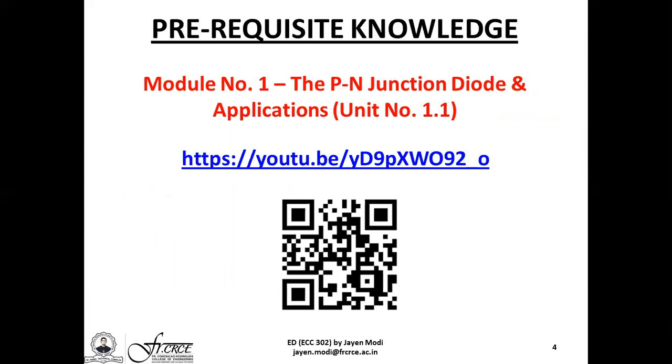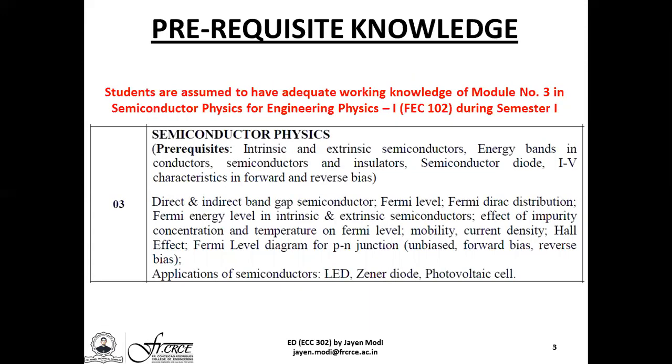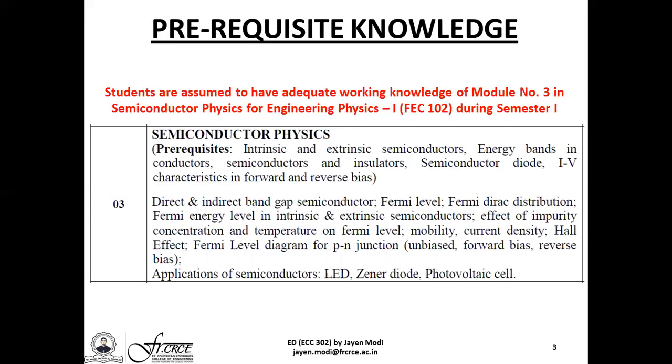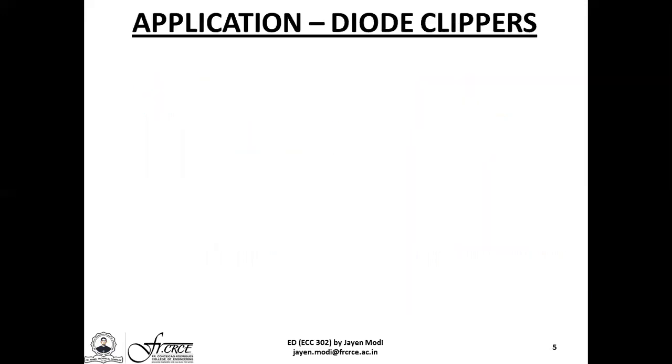Here, the YouTube link is given and also the QR code. For those of you who have a QR code application on your smartphone, I request you to scan this QR code and refer to this video lecture. This will give you a very good insight about unit number 1.1, which we have taken in the previous case. Now, without wasting further time, let us start with what exactly are diode clippers.